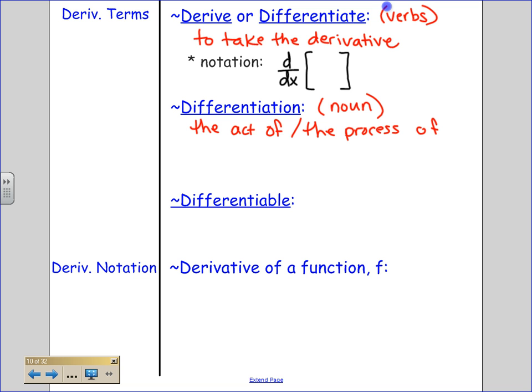But now we have another way of saying that. So let's say of deriving: differentiating. I know it's silly, we're going through vocab, but I don't want you to be confused when I'm saying something like, let's derive this, and you're like, what, I don't get it.